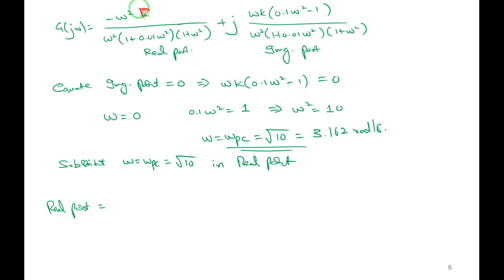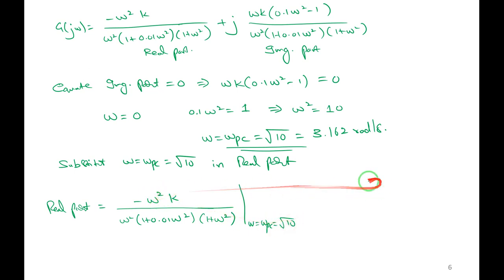This is the real part, the entire thing: minus omega square k divided by omega square into 1 plus 0.01 omega square into 1 plus omega square. At omega equal to omega pc, I am getting omega square everywhere. Omega pc square is nothing but 10, because omega pc is root 10.